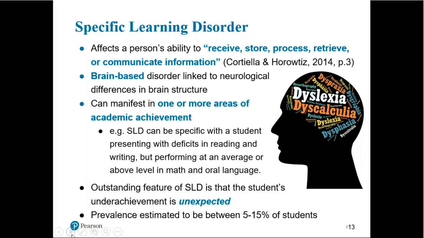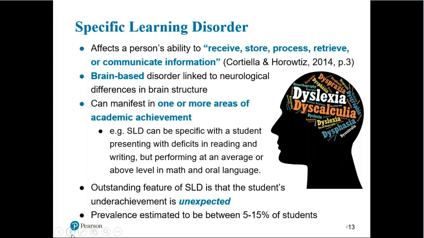So it's generally not there for other reasons that we might expect. So for example, someone with an intellectual disability who has low cognitive functioning, it might not be unexpected that they would have lower academic achievement. So we probably wouldn't diagnose an SLD in that instance.